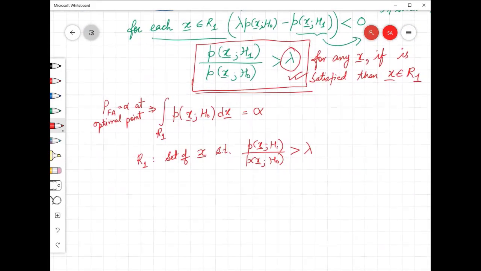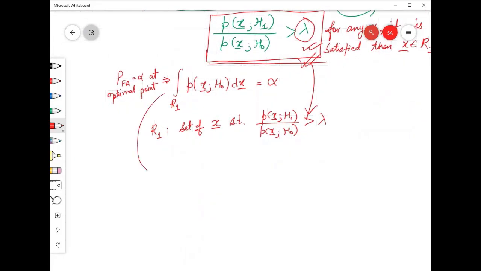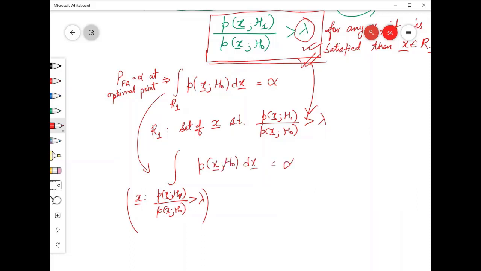So the probability of false alarm is an integral over this set of points of this particular probability, and then equating it to alpha. From here I'm going to get the value of lambda.